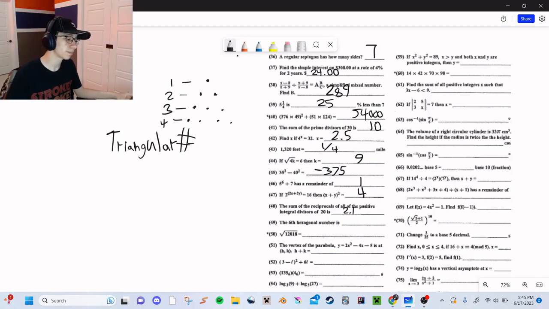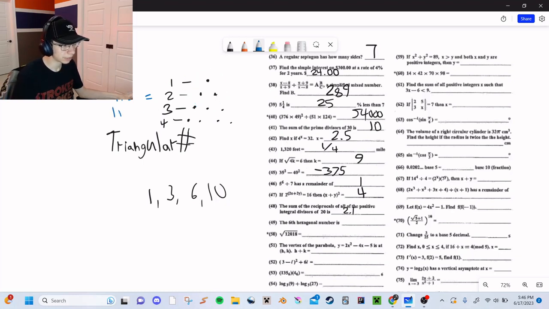And really, the pattern goes like this. 1, 3, 6, 10. Conveniently, the triangular numbers also tell you what the sums of consecutive numbers are. The second triangular number tells me what 1 plus 2 is. That would be 3.